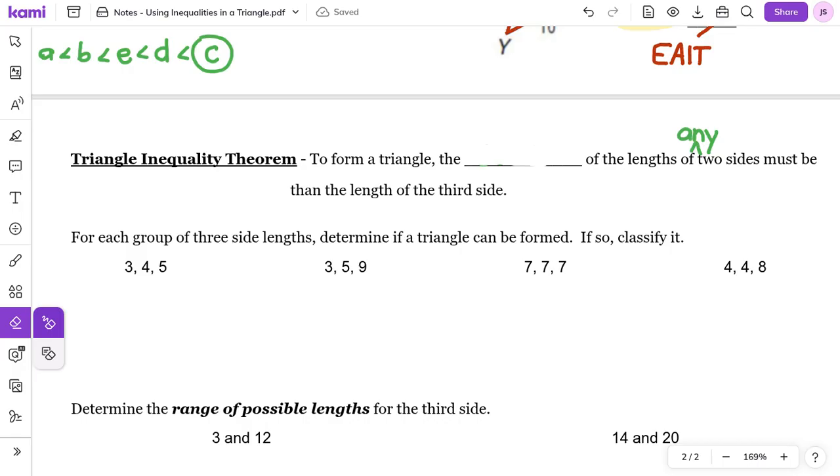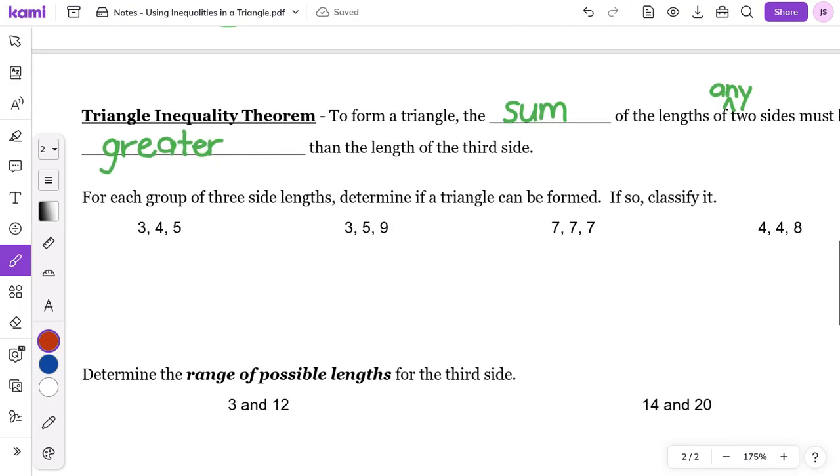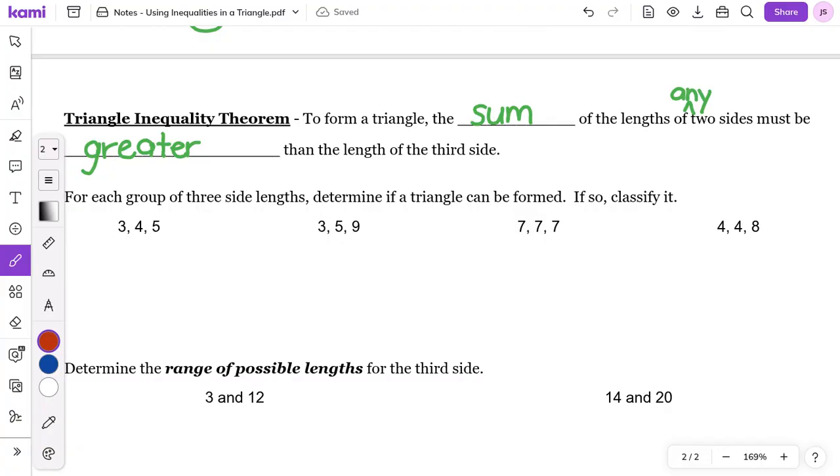So the way that we're going to use this theorem is to look for the sum of the length of any two sides to be greater than the length of the third side. If those conditions are met, a triangle could be formed. Again, it's the sum of any two side lengths.